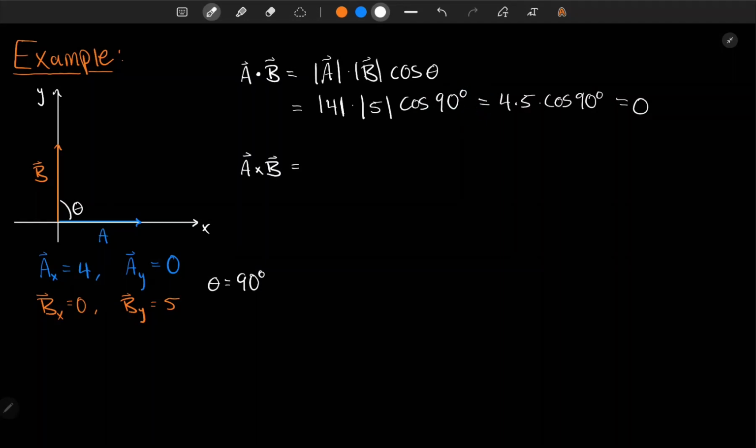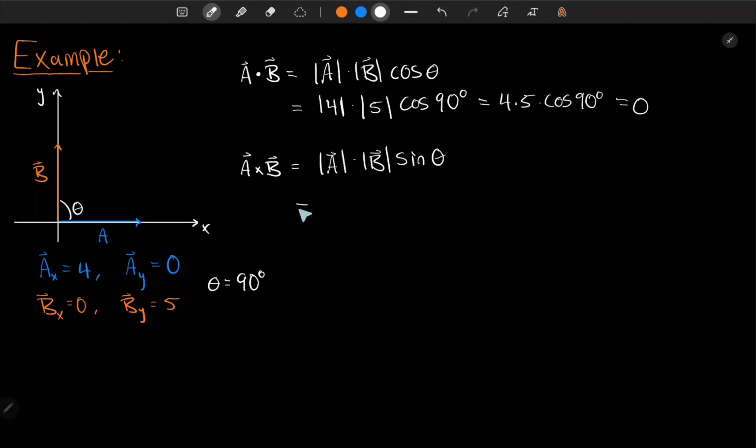Next, let's compute A cross B, so the cross product of these two vectors. Remember that the formula is the absolute value of A, or the magnitude of A, times the magnitude of B, times the sine of the angle between them.